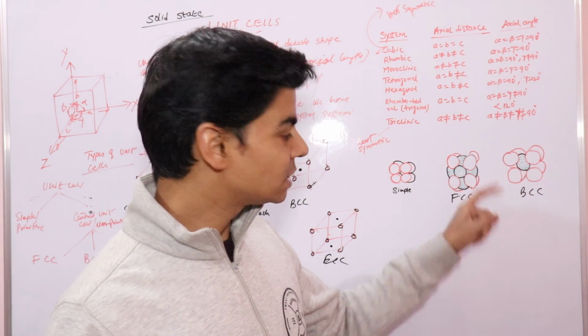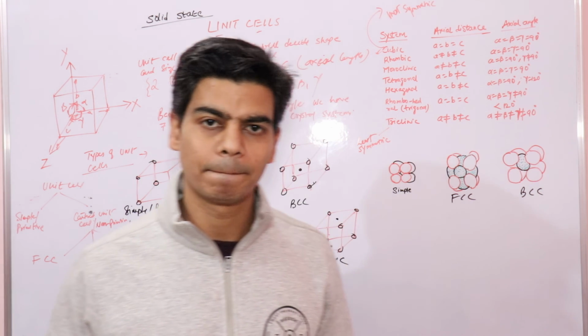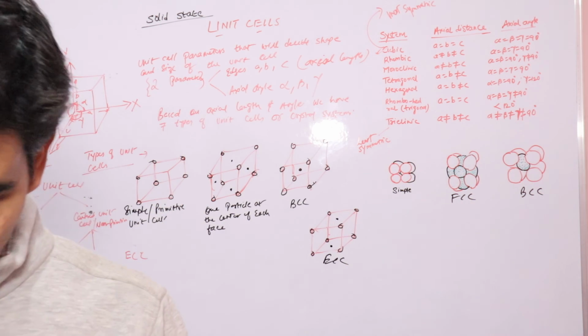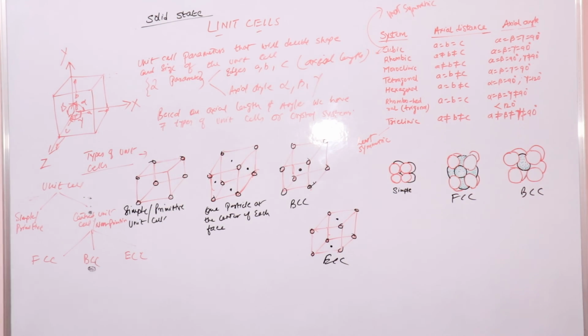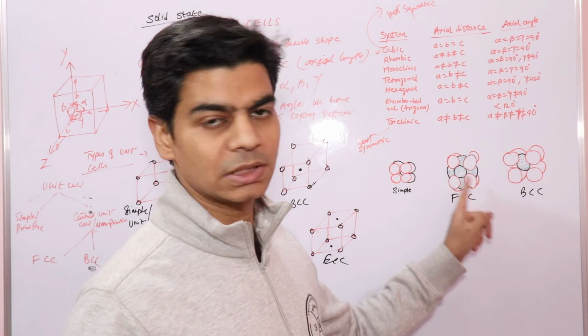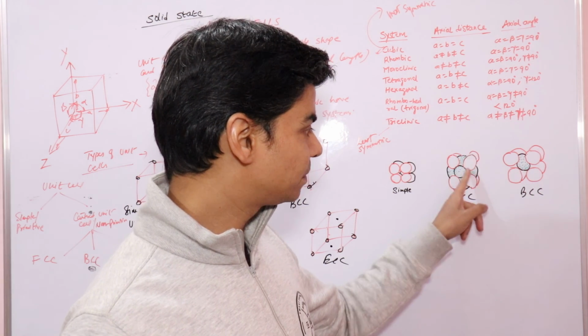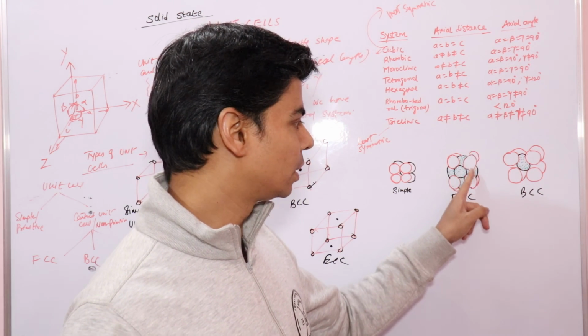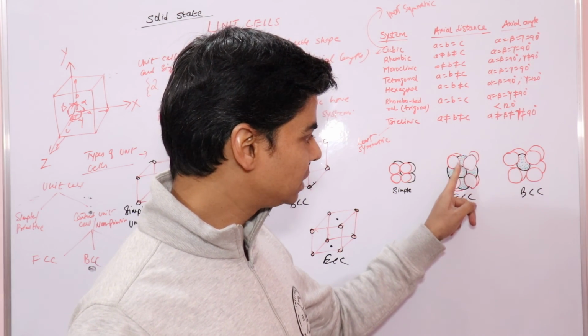We call the number of closest neighbors the coordination number. So this is the concept of coordination number: the nearest neighbors touching this particle at the corner. The nearest neighbors for this particle are these three.